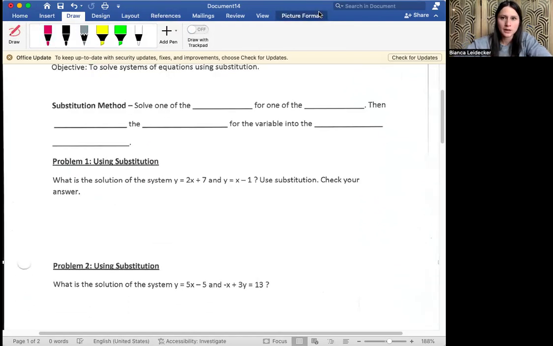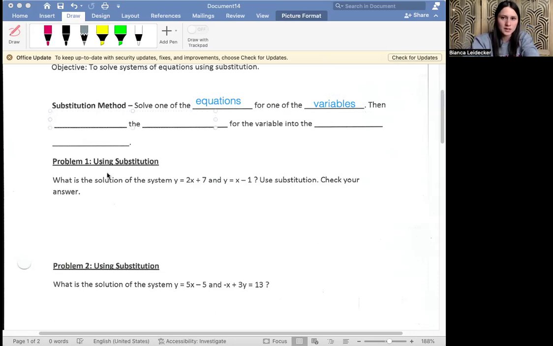Let's go ahead and fill out some words. Substitution method. Solve one of the equations for one of the variables. Then substitute the expression for the variable into the other equation.